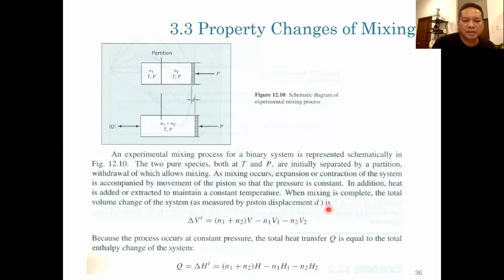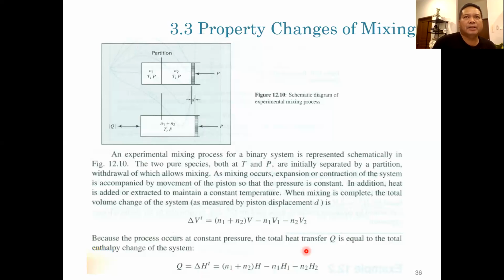So the change delta V is equal to the total number of moles times the volume V minus each of the mole volumes. So why do we have the volume here? Why can we use enthalpy here?